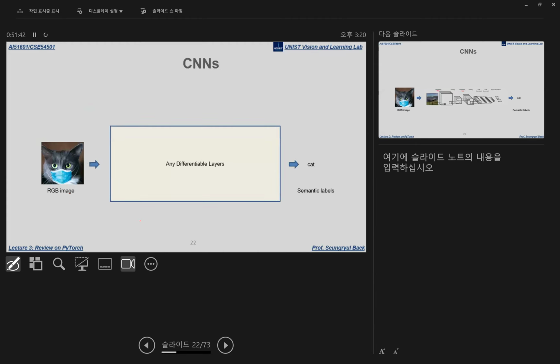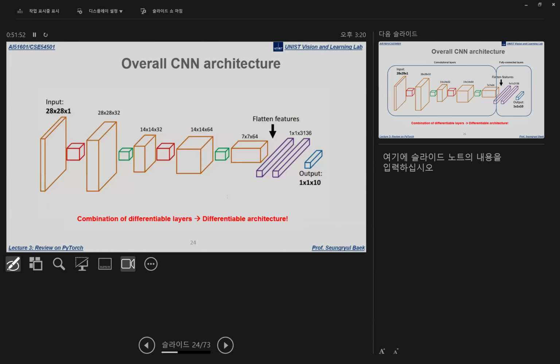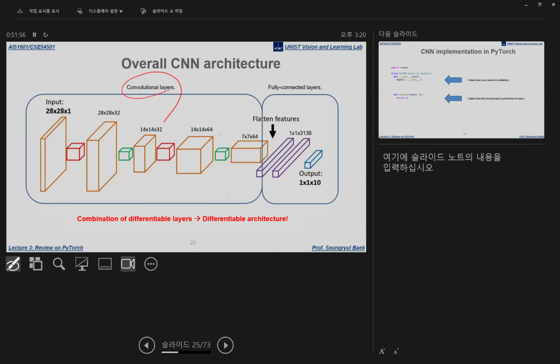And now we will learn how to implement CNNs. This is the CNN architecture we have learned. It is composed of 2 parts, the convolutional layers part and the fully connected layers part.